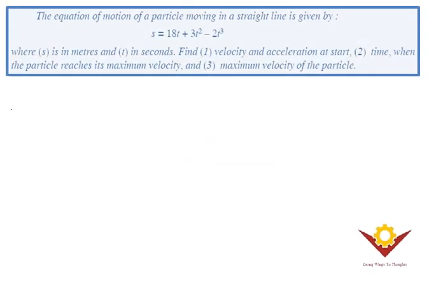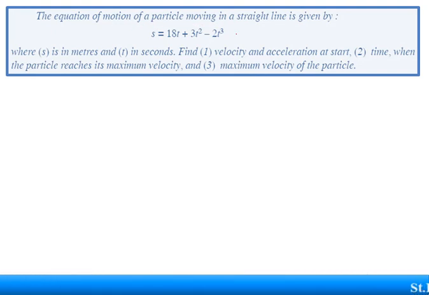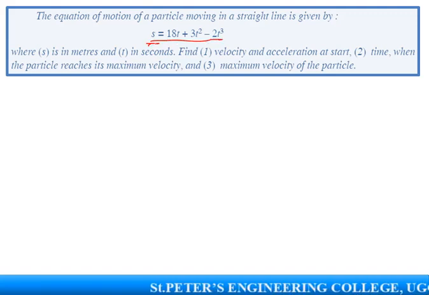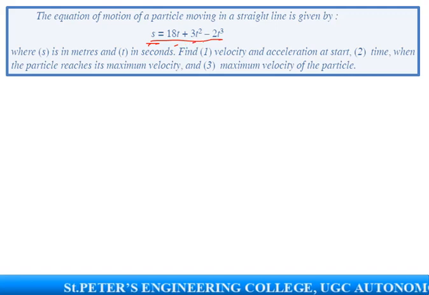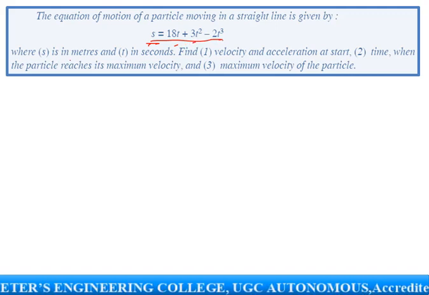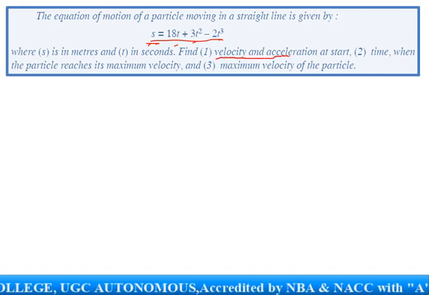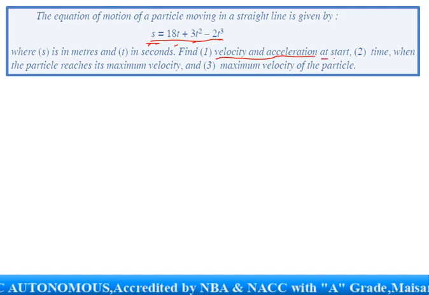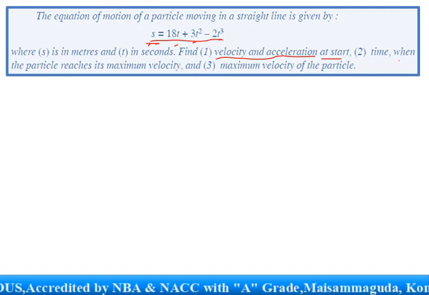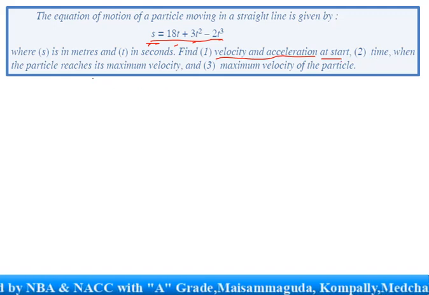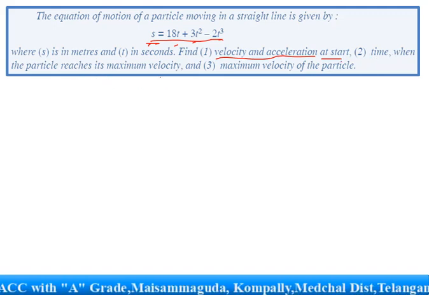We'll see a small problem on this. See here, the equation of motion of a particle moving in a straight line is given, the distance traveled in equation form with respect to time, where s is in meters and t is in seconds. First we are required to find the velocity and acceleration at the starting point, and the time when the particle reaches maximum velocity.